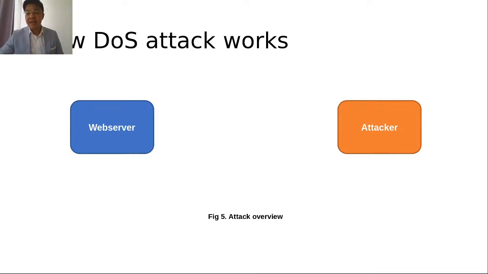In a normal circumstance, the client would first send a SYN request, which is the browser's way of saying, hey, hi there. That's the first packet that the browser sends.